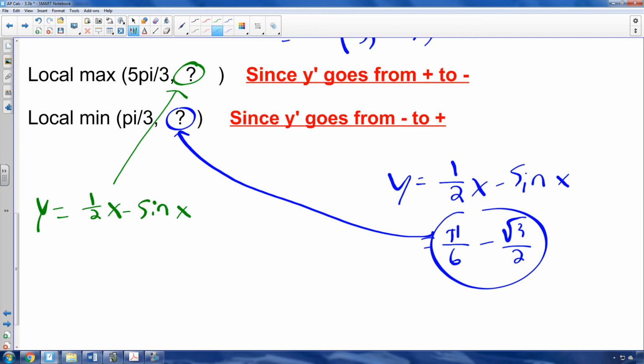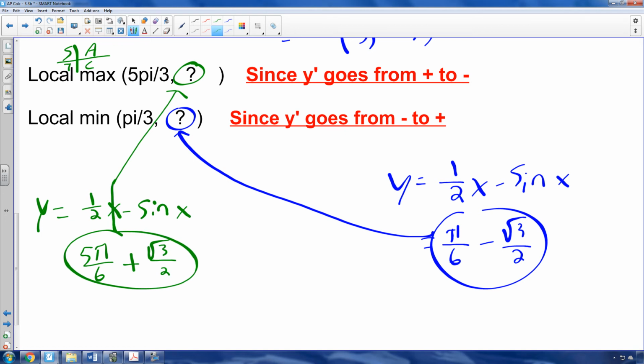I think when I plug in 5 pi over 3, I get 5 pi over 6 minus, all students take calculus, the sine value is going to be negative there. So I'm going to minus negative root 3 over 2. So I'm going to add root 3 over 2. So this goes there. And that's our local max.